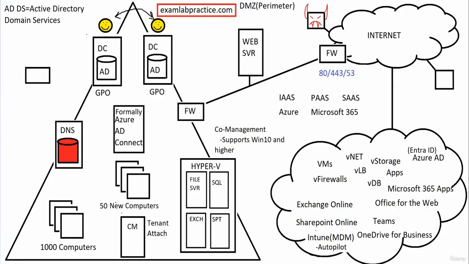So the idea being that, let's say I've got a laptop here, running the Windows operating system. And the cool thing about it is when the laptop is in the office, Config Manager will manage the settings for that laptop. But as soon as the laptop leaves the office, Intune manages the device. So that's what co-management is.